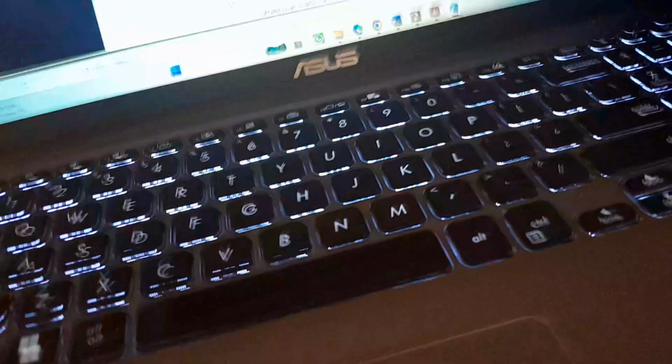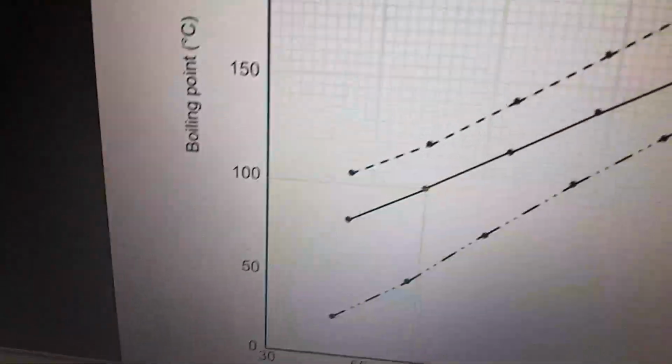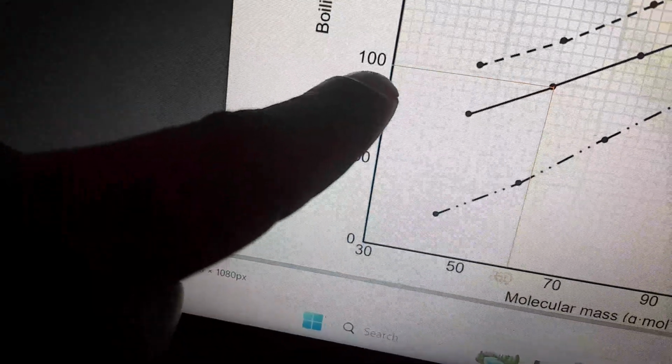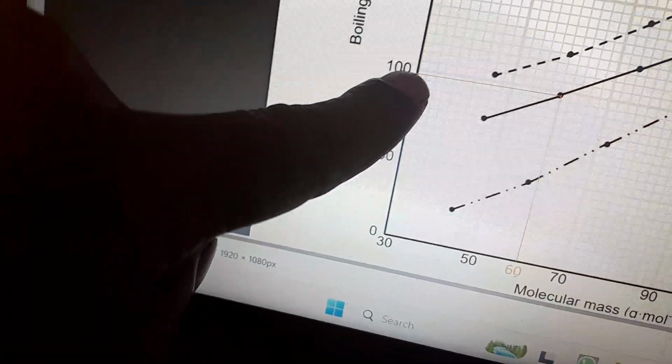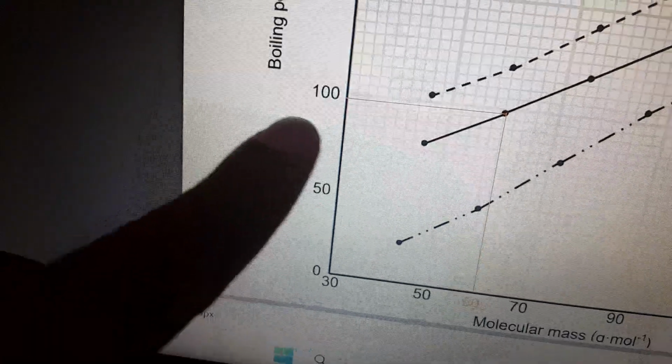Now, if you read out the scale correctly there, you would see that 97 is between the last square before 100. Now, why are we saying that?